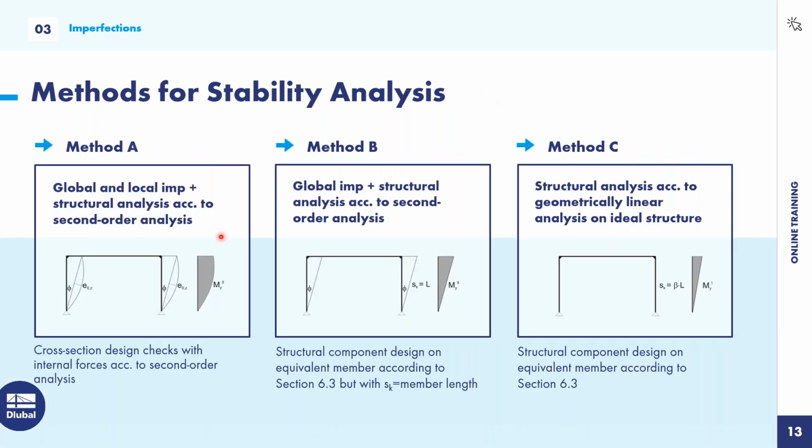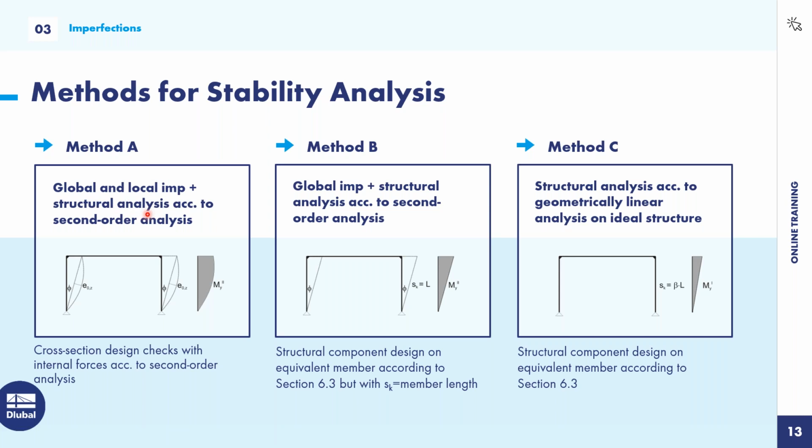Okay, so what methods do we have for stability analysis? When do I need to consider these imperfections, which we handled on the last slide? Normally only when I do second order analysis. So on the left side, we have one method. This is method A. Here we consider a global and local imperfection, and we calculate the structure according to second order analysis.